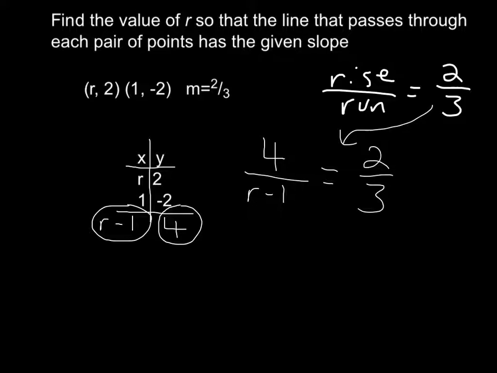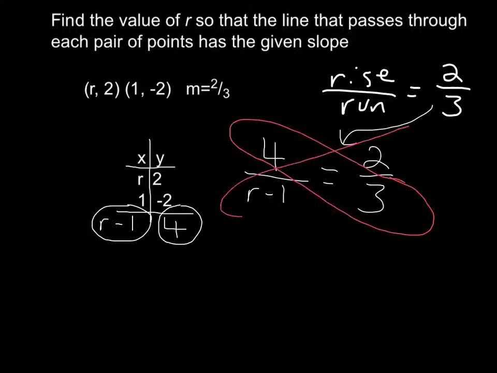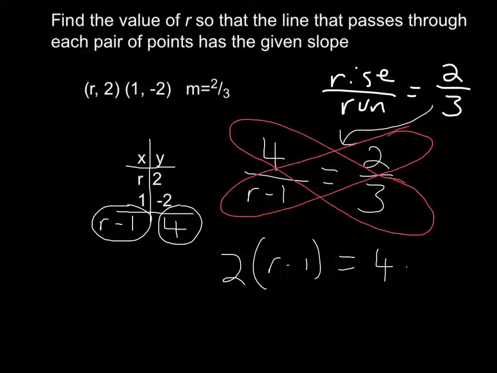So now, all I have to do is cross multiply. Take that and I set it equal to that. So I take 2 times r minus 1, set that equal to 4 times 3. So 2r minus 2 equals 12.